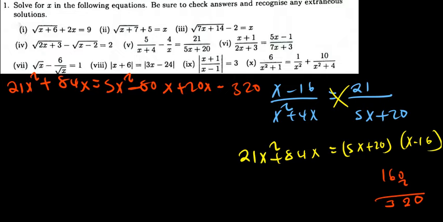So I'll say 21x squared. Since this is having squared, I'm going to say minus 5x squared, meaning that I'm done with that. Plus 84x. I'm going to shift the other one, so now I can add these two. It should be negative 60, because you have negative 80 plus 20.